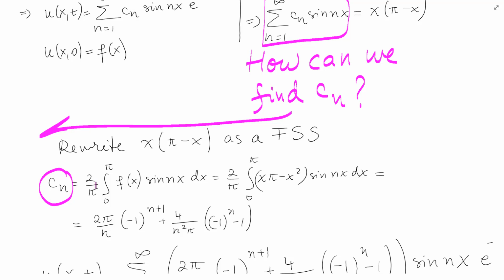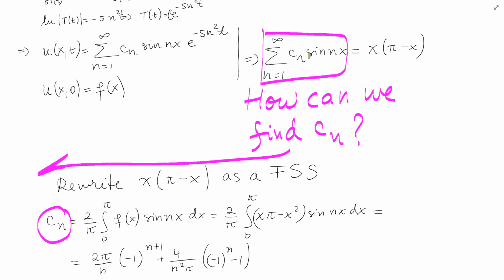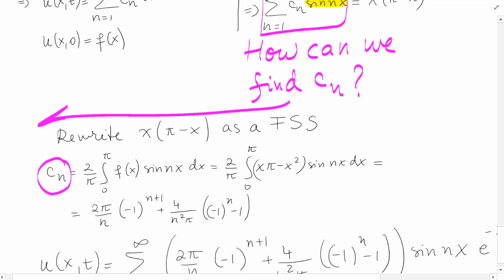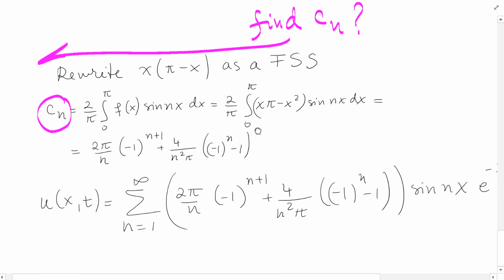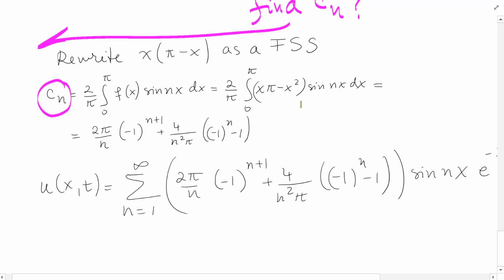So basically we are using the formula for finding coefficients of a Fourier sine series. And again, why Fourier sine series? Because it's sine of nx. If it was cosine, then I would use the formula for the Fourier cosine series.